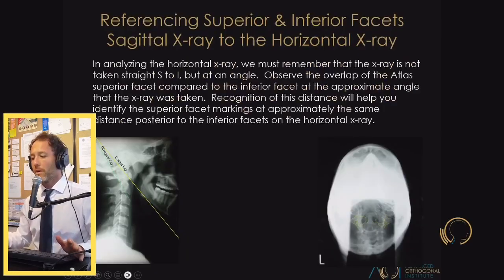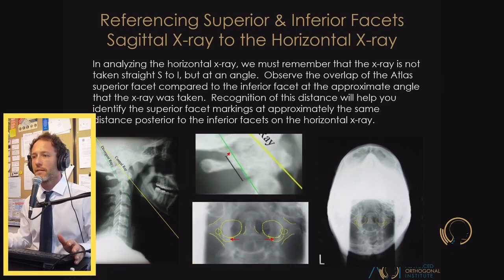You've got to remember when we're taking the horizontal film, the vertex film, you're at an angle. Your tube and Bucky are set up at an angle relative to their head. So something interesting happens: you're actually going to see the inferior facets just anterior to the superior facets.